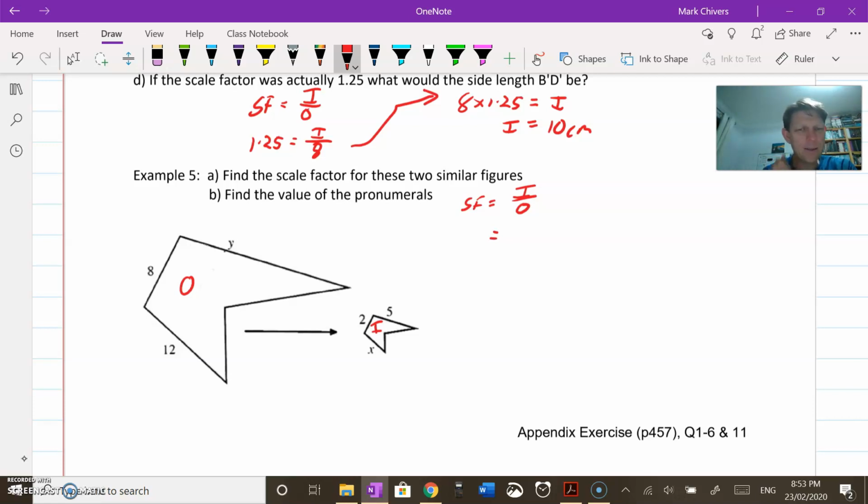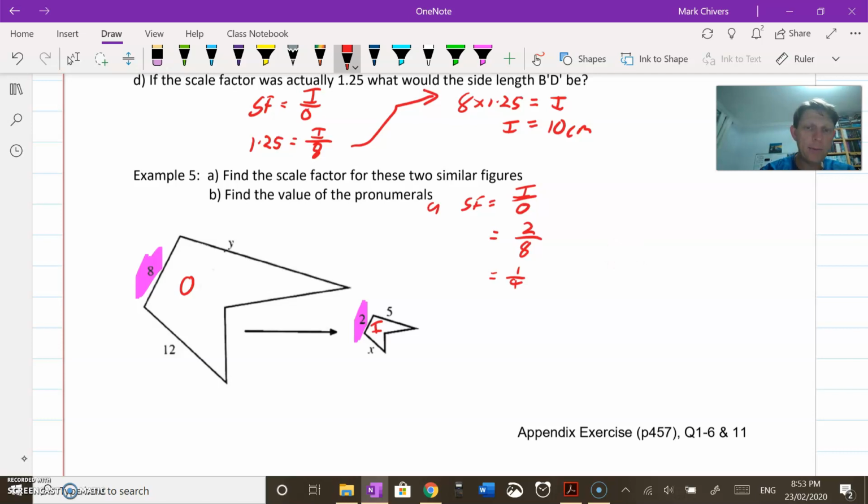Obviously, there's some X's and some Y's there, but they're not really going to help me. So the side that I want to use is this one here because it has numbers for both and it's matching sides. So I'll use those ones. So the image size is 2, the object size is 8. So 2 over 8 is the same as 1 over 4, so there's my scale factor.